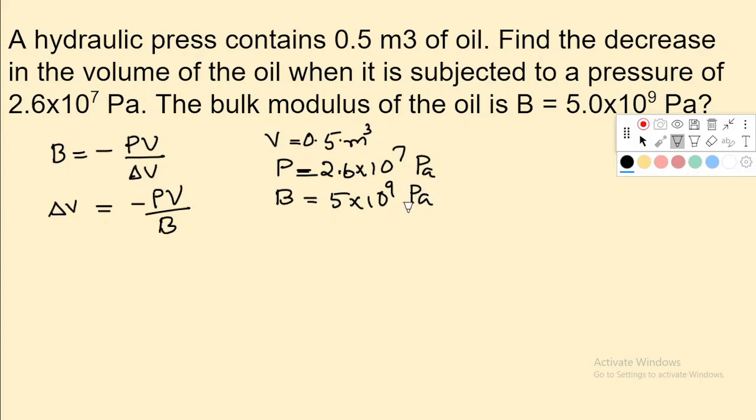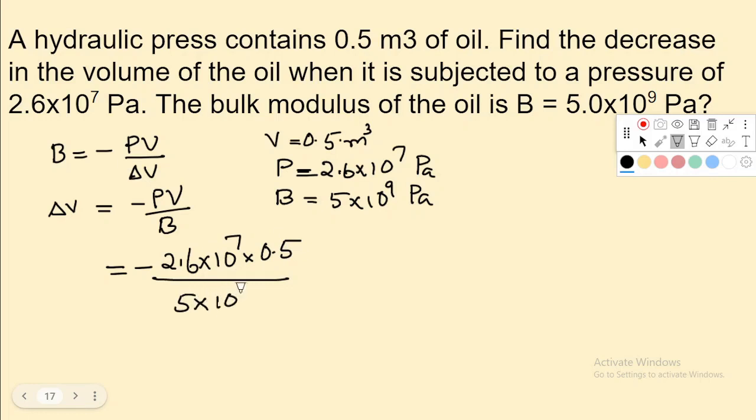So let us substitute all these values in the given equation. So delta V is equal to negative 2.6 into 10 raised to 7 into the initial volume, that is 0.5, all divided by the value of B, which is 5 into 10 raised to 9.